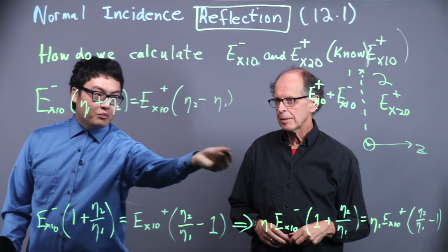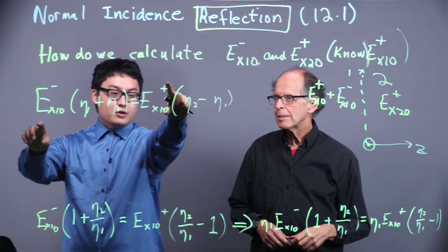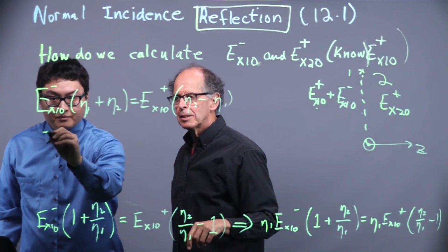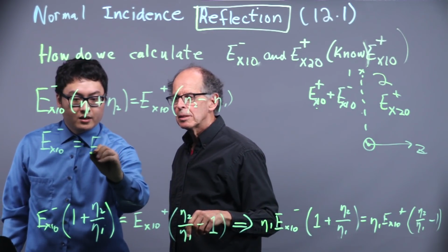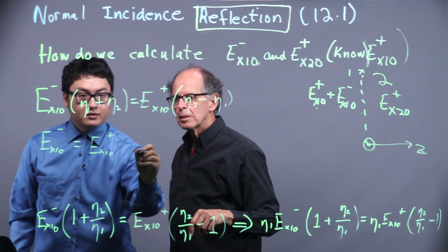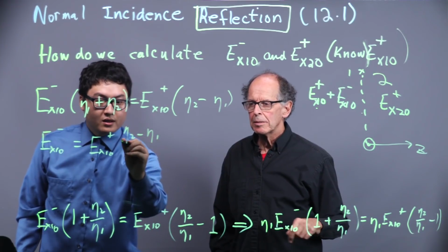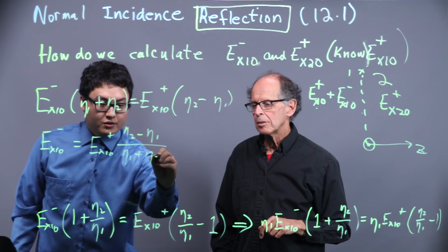And then you put it on both sides. Do you want this to be on the top or this to be on the top? No, I want to solve for the reflected. Oh, just that, okay. That equals x1, 0 plus of eta 2 minus eta 1 over eta 1 plus eta 2.